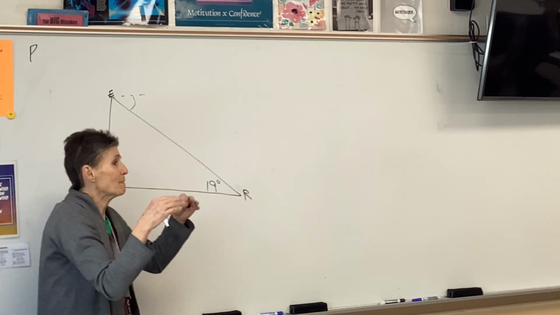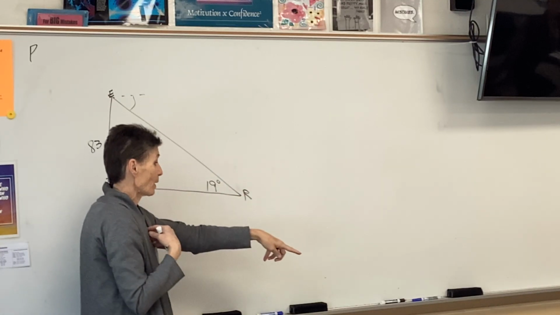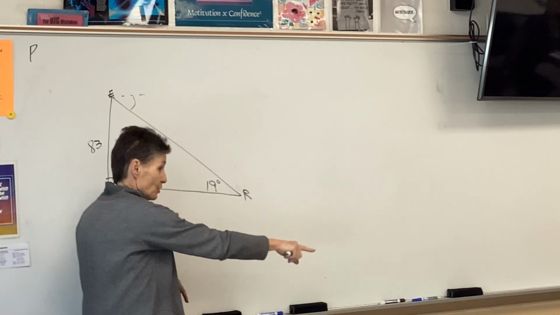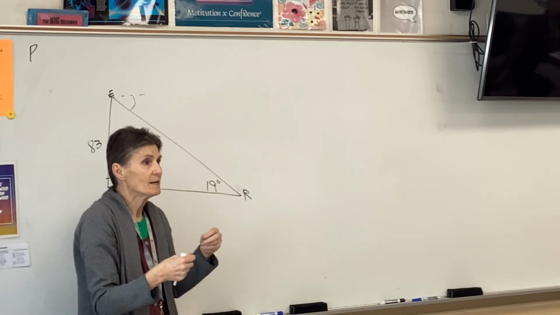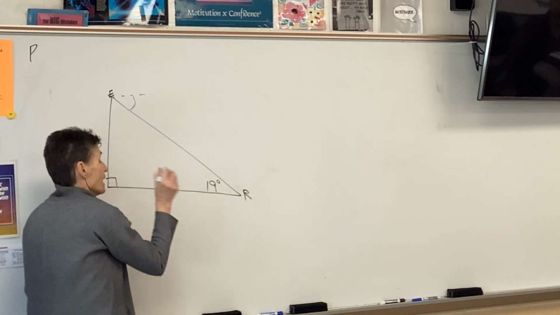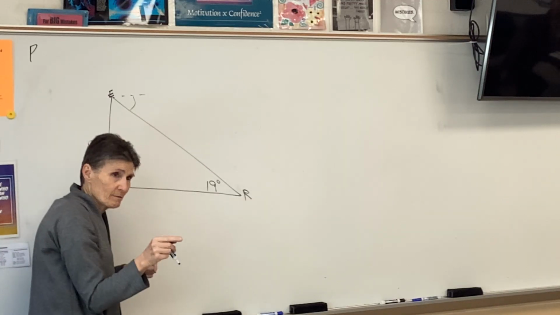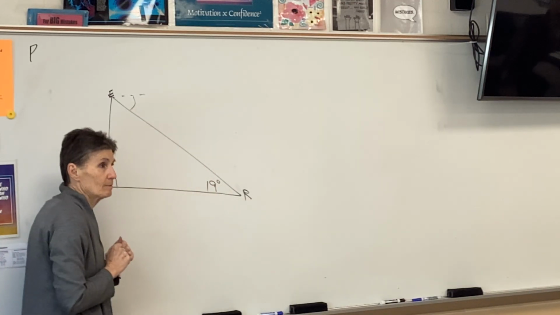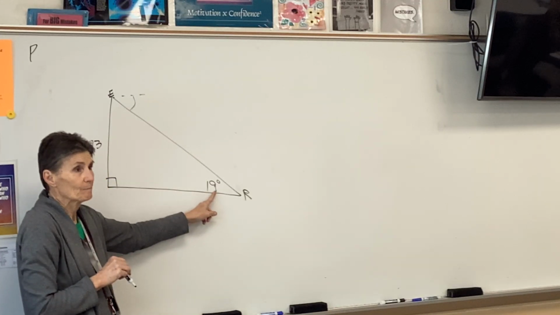But maybe a simpler way of thinking about it is, if I am the eagle looking at the rabbit, and you are the rabbit looking at the eagle, aren't our angles the same? It's just one of us is looking down and one of us is looking up. So your angle of elevation or your angle of depression is going to go right there. They are congruent angles, so just mark it right there.